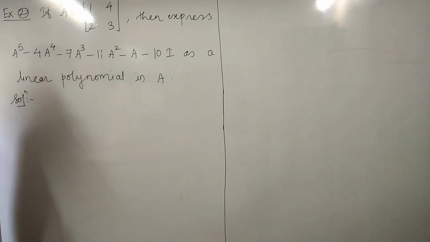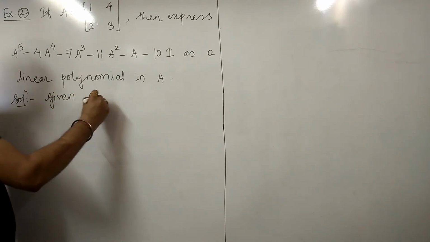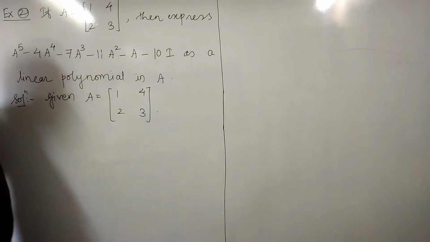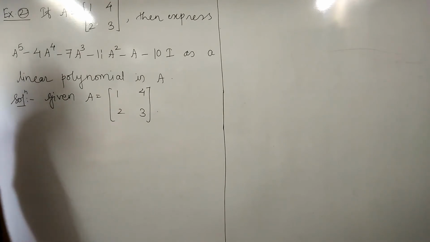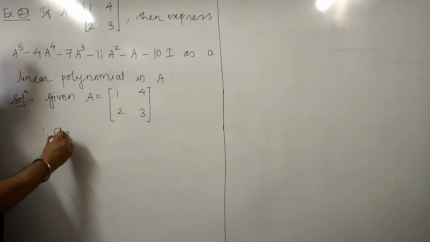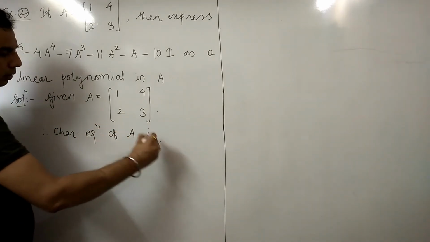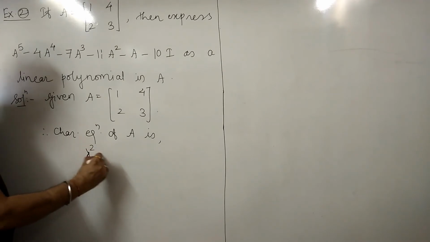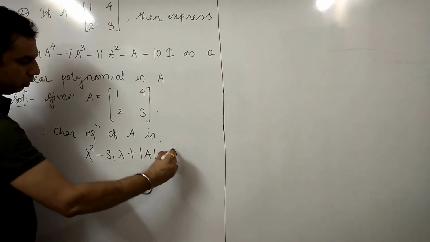So again we have to use Cayley-Hamilton's theorem. So given matrix A is equal to 1, 4, 2, 3. If we have to use Cayley-Hamilton theorem, then we must know the characteristic equation. So the characteristic equation of A is lambda square minus S1 lambda plus determinant of A is equal to 0.